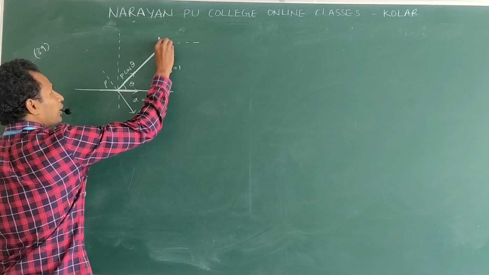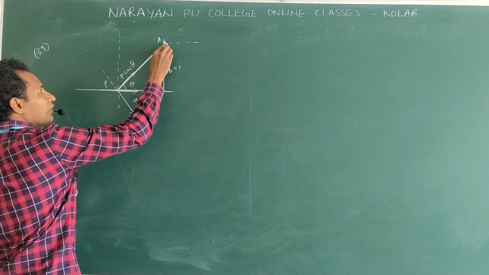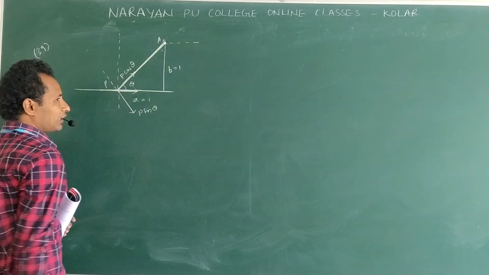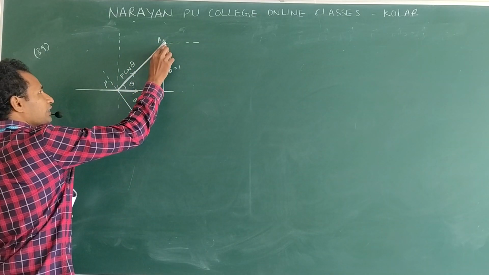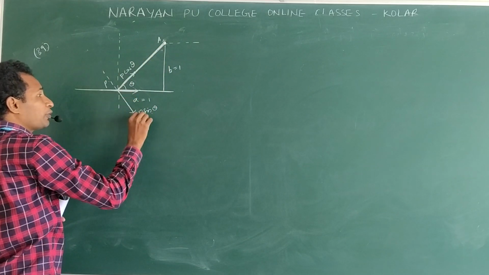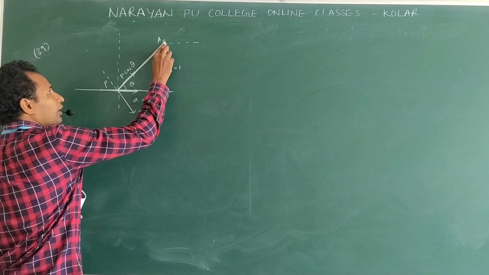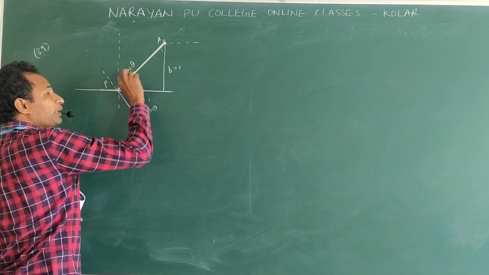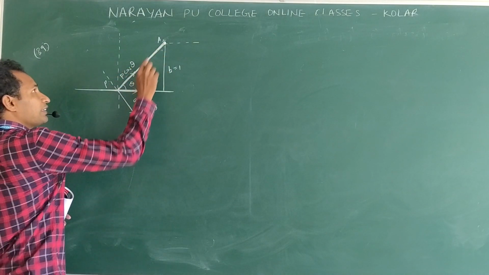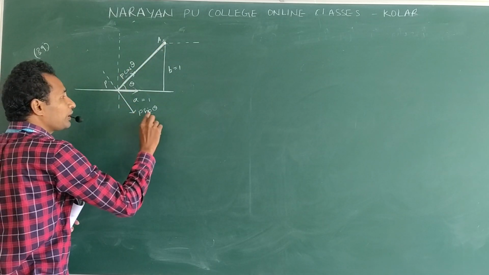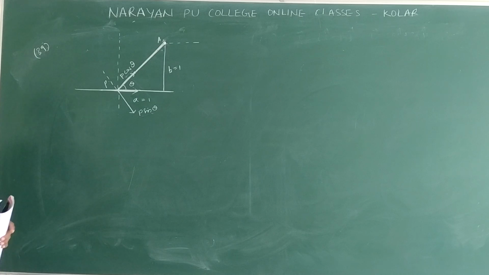See now, given point is there on the axis of P cos theta, and the same point is there on the equatorial line of P sin theta.